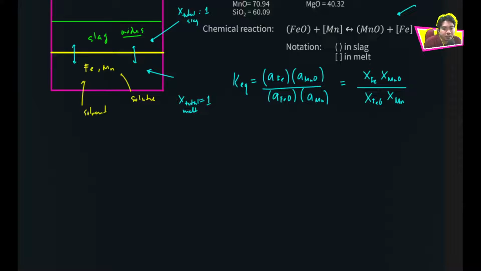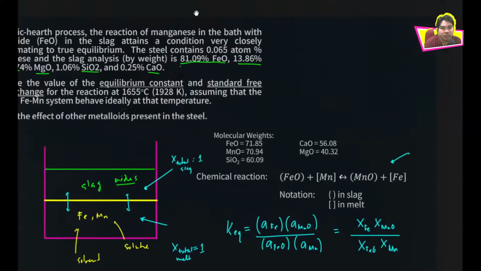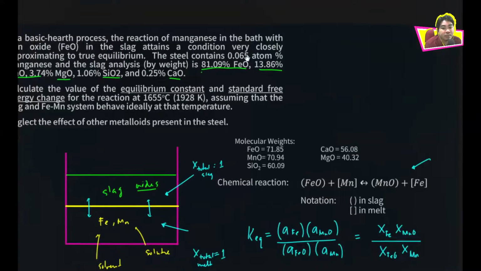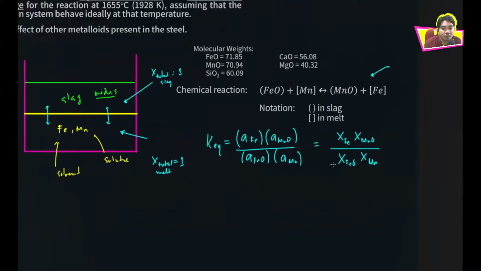So, to simplify our equation, although if you use a powerful calculator, parang hindi na necessary itong step na to. Pero, we can actually just simplify this, because if you look at this, parang the steel contains 0.065 atom percentage of manganese, which is very small, no? So, we can simplify itong XFe na to.